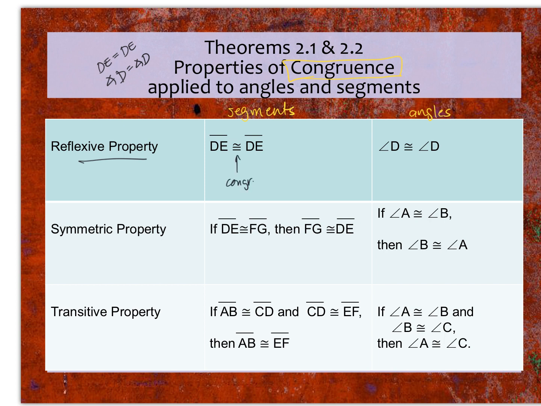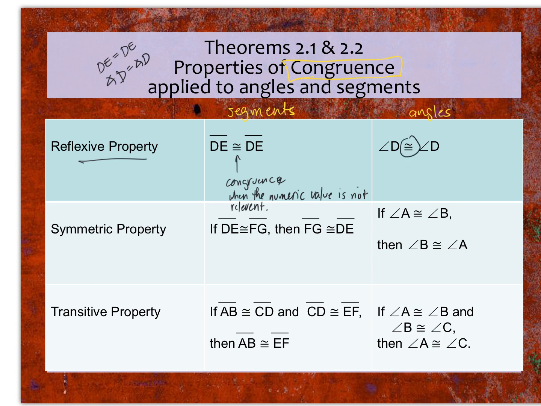We're using congruence instead of the equal sign. We use congruence when the numeric value is not relevant, okay? In other words, we don't need to know the numeric value, we'll say that two segments are congruent. We just want to know they're the same size, but we don't care what that size is. Same thing with angles, okay?